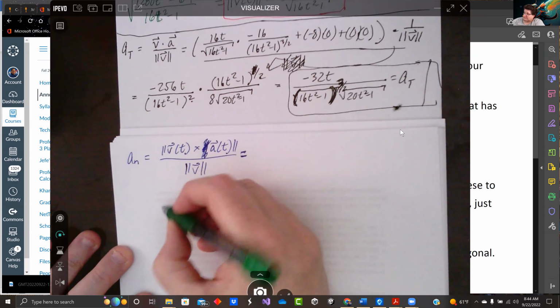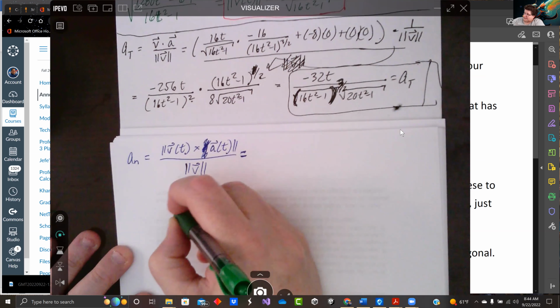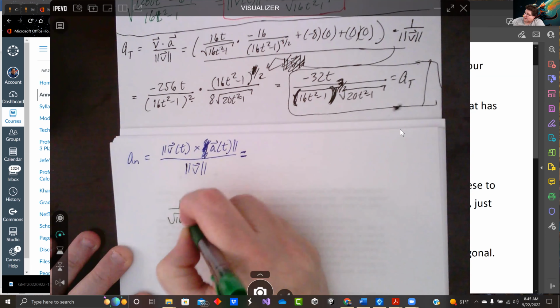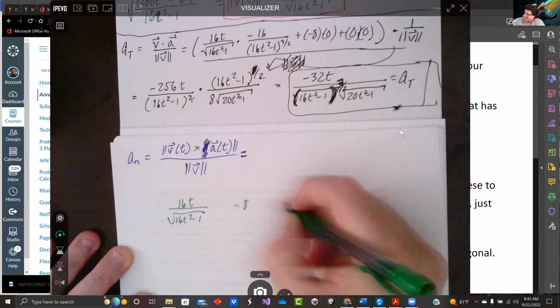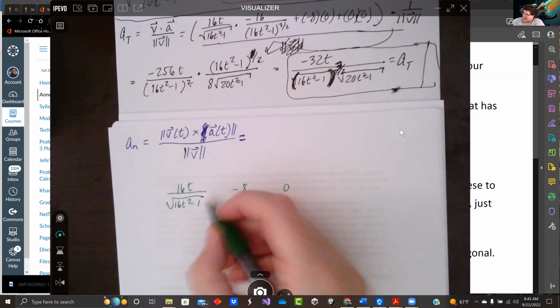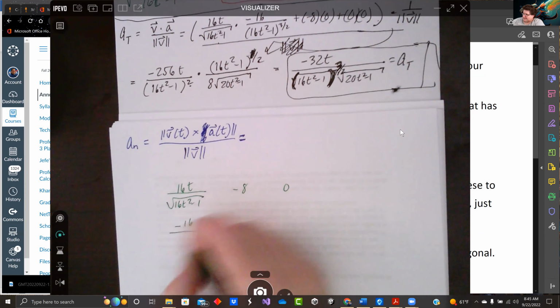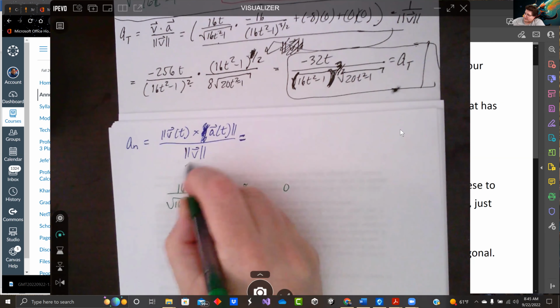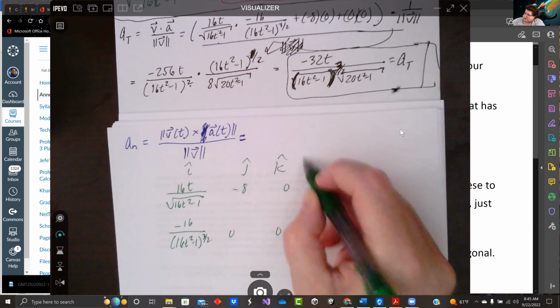So what do we got for V? V was 16t over square root of 16t squared minus 1. We had -8. We have 0. A had -16 over 16t squared minus 1 to the 3 halves. 0 and 0. I'll throw an i, a j, a k in.